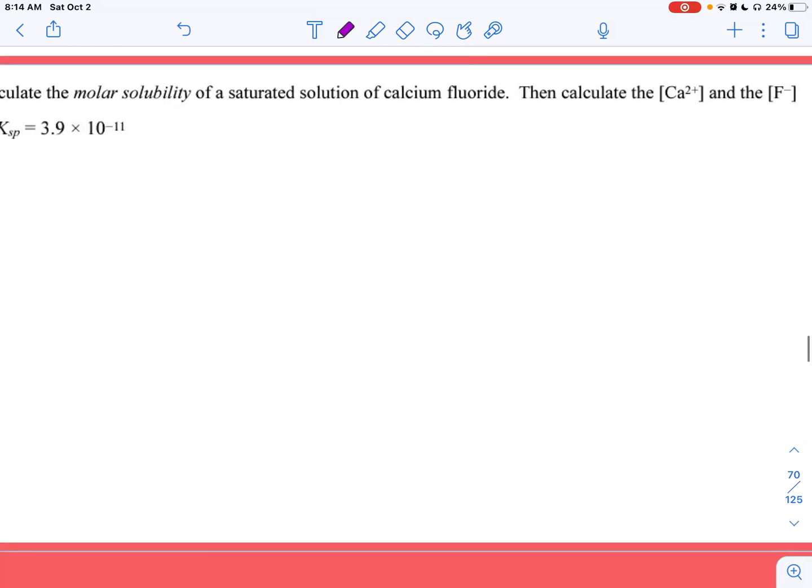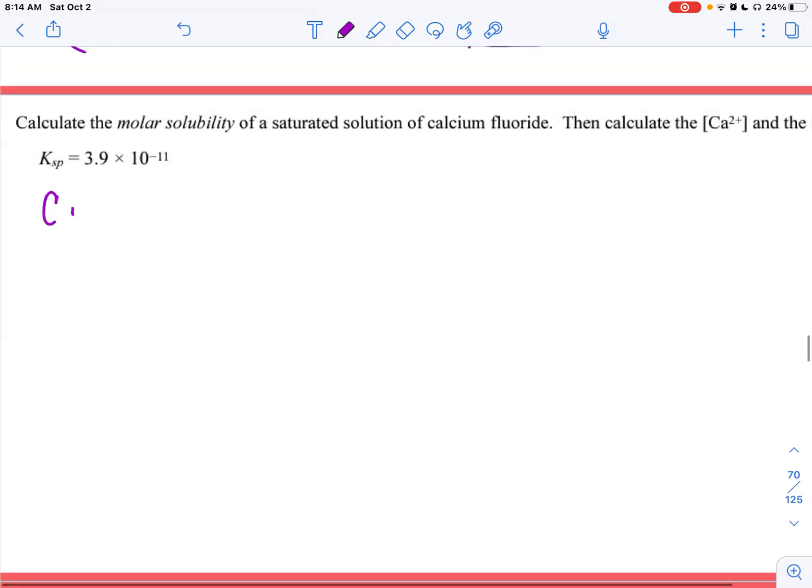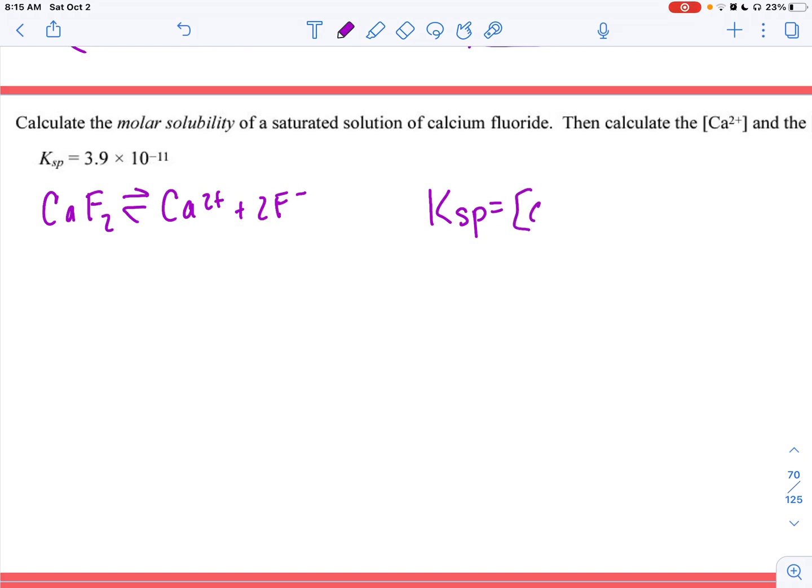So the first thing you should do is write your equilibrium expression and your Ksp. So now we can use our RICE tables.